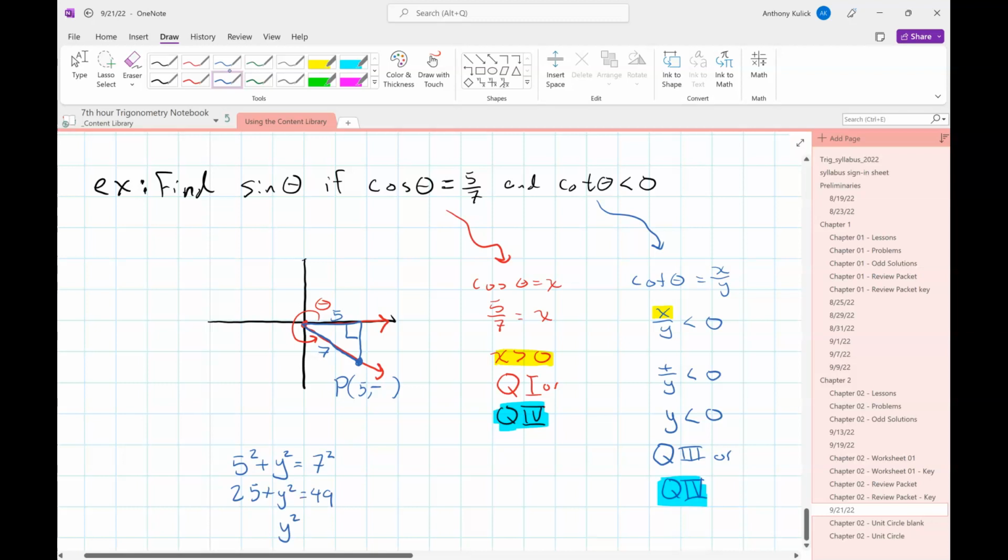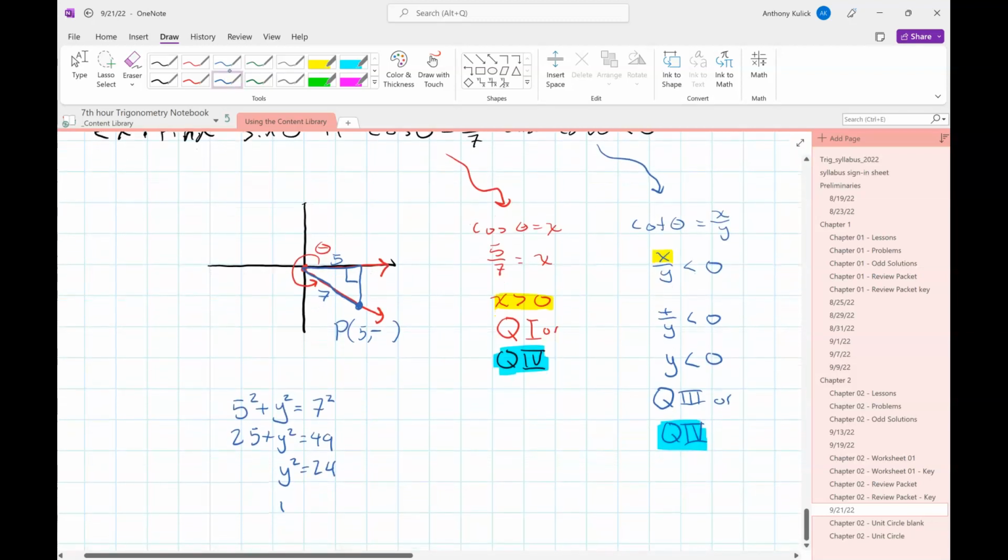I subtract 25 from both sides. We'll square root both sides. To simplify a radical, I want to write that as factors of perfect squares. So the only perfect square divisor of 24 is 4, because 24 is 4 times 6, and the square root of 4 is 2. So this will be 2 square root 6.